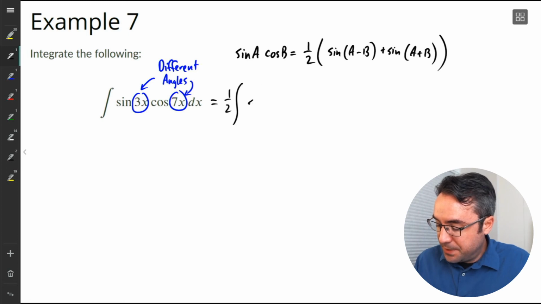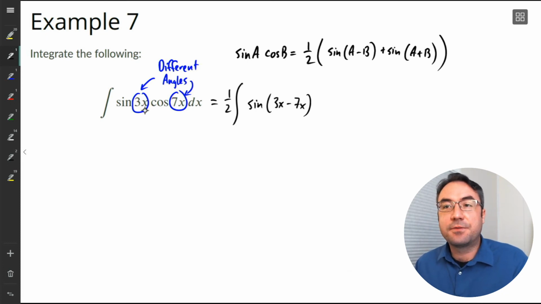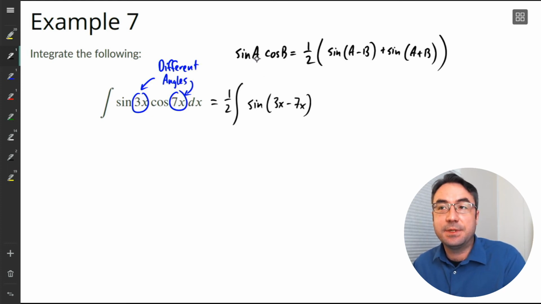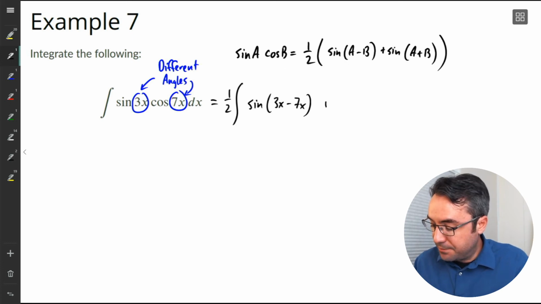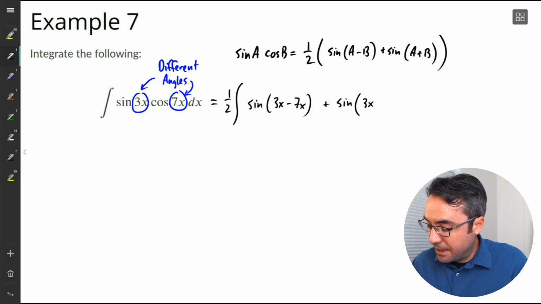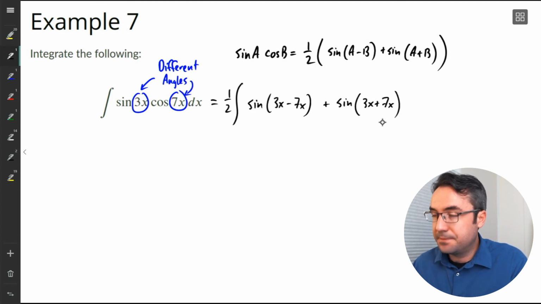So it'll be sine of 3x minus 7x. We take the angle from our sine term and the angle from our cosine term and subtract. We take the angle A minus the angle B, and that's what we're plugging into the first one. And then we have plus sine of, and then we take our angles and add them together.